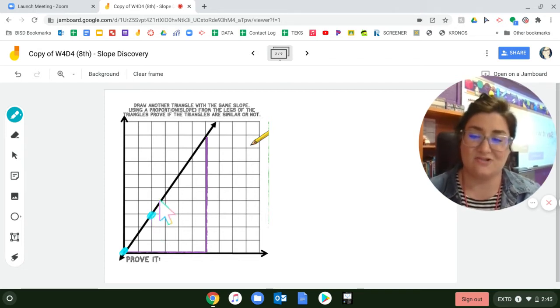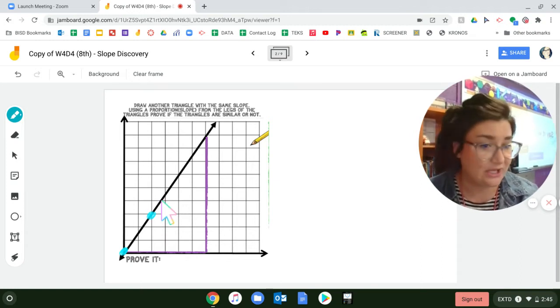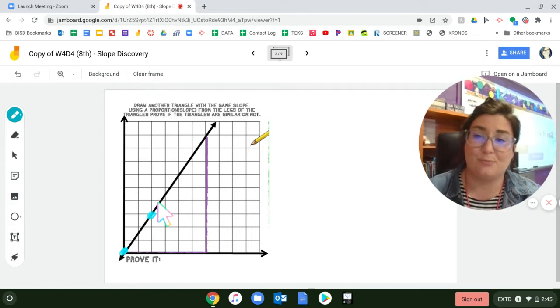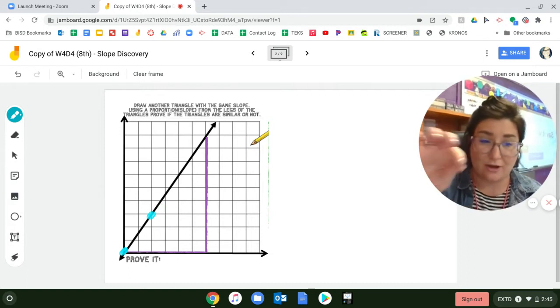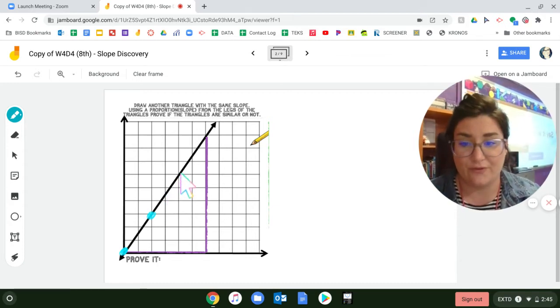Like this is not on one of those intersections, so we don't want to count that as a point. We are not calculators, and we cannot precisely determine where that is on the line, so we don't like to count that. We're just going to go with our ones that are exactly on that intersection. So that's your first step. Determine where your points are.